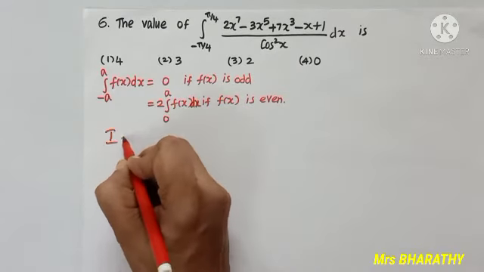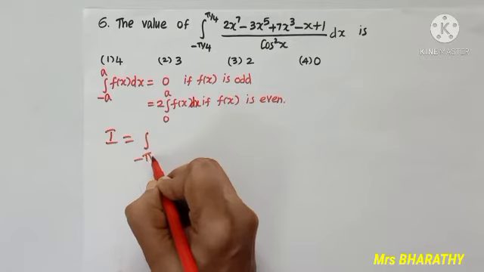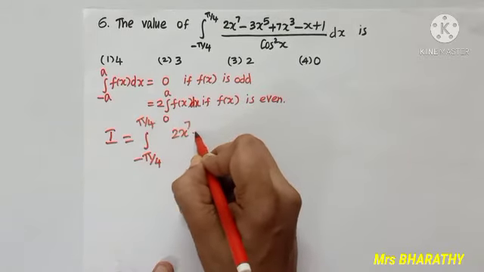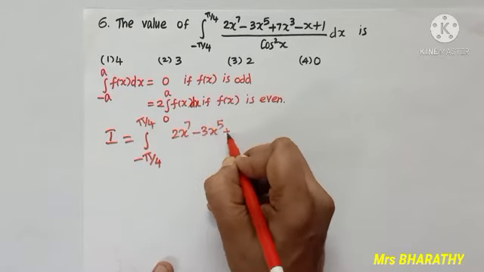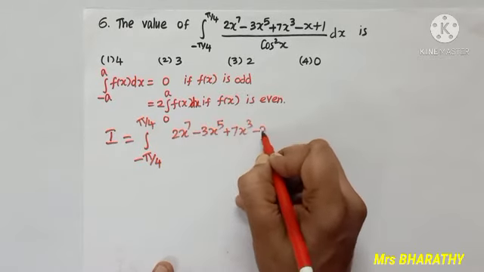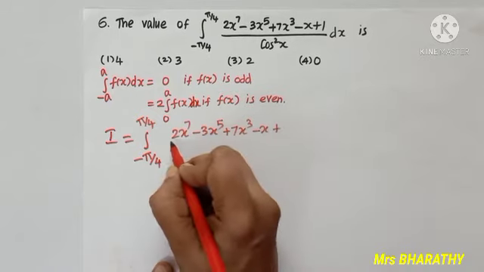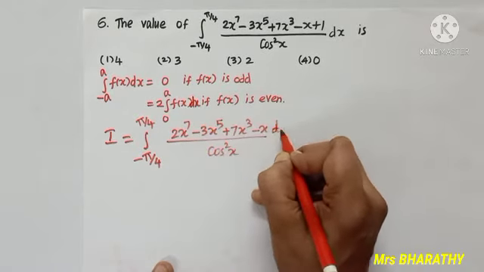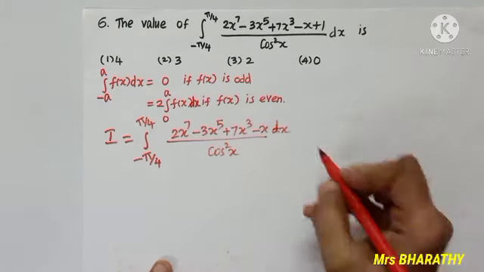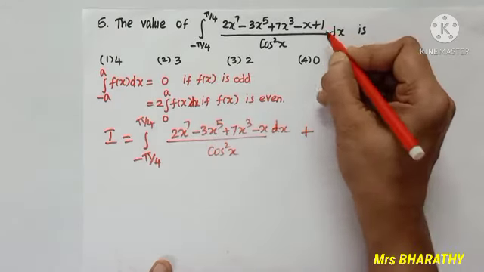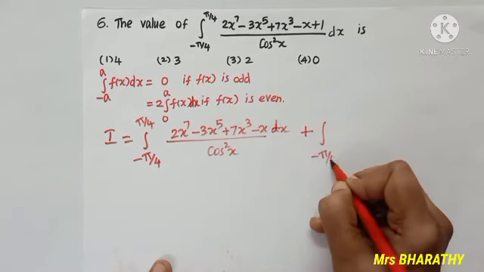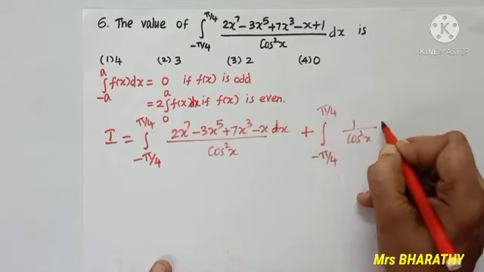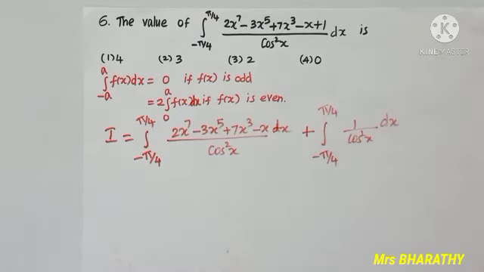So the given problem, we just split minus pi by 4 to pi by 4, 2x power 7 minus 3x power 5 plus 7x cube minus x, the whole thing divided by cos square x dx plus that last term, integral minus pi by 4 to pi by 4, 1 by cos square x dx.